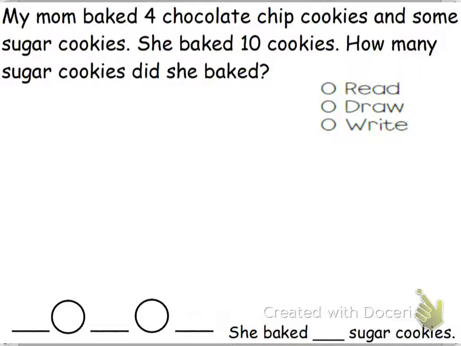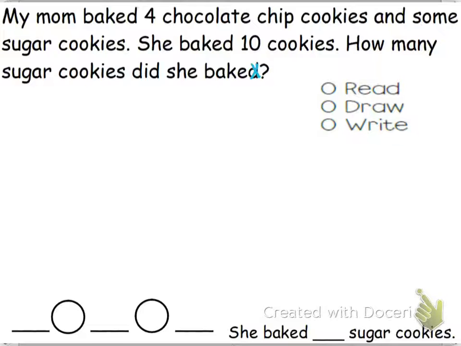All right, guys, let's come back and let's see how I would solve it. My mom baked 4 chocolate chip cookies and some sugar cookies. She baked 10 cookies. How many sugar cookies did she bake? Now, looking at this, I'm just going to take this off. Whoops, my mistake. Now, we are going to chunk it.